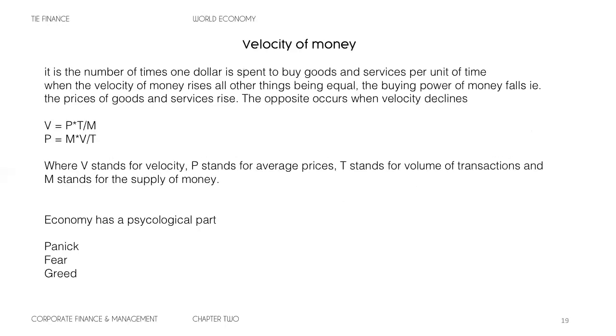And I want to talk about the velocity of money as well. This indicator of the economy is very, very important, because it is the number of times $1 is spent to buy goods and services per unit of time. It's basically how many times a dollar was used to create value, right?